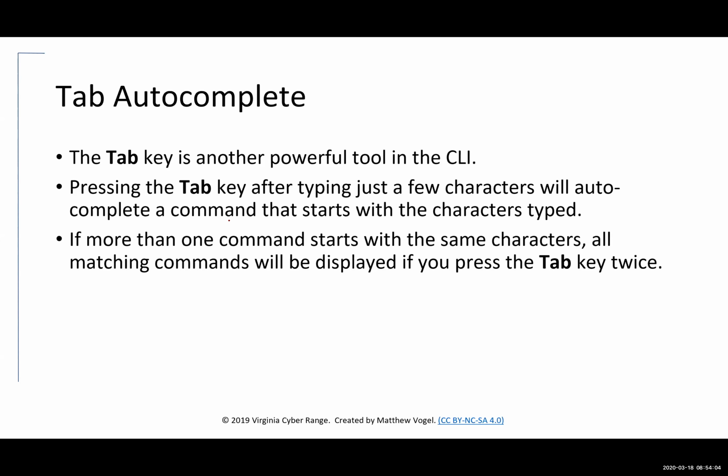It's simply that when you start typing, there are a limited number of valid things that you can be trying to do in the terminal window, and the tab autocomplete will do its best to figure out what you're trying to do, and it will complete the word or the phrase that you're trying to type in, if it can interpret the thing that you're trying to do.